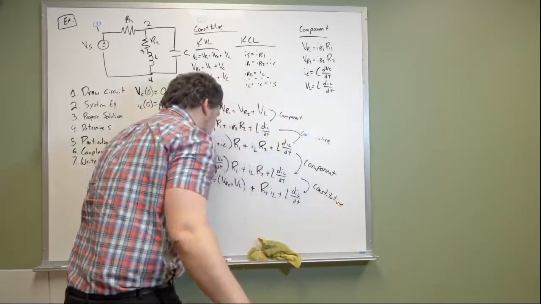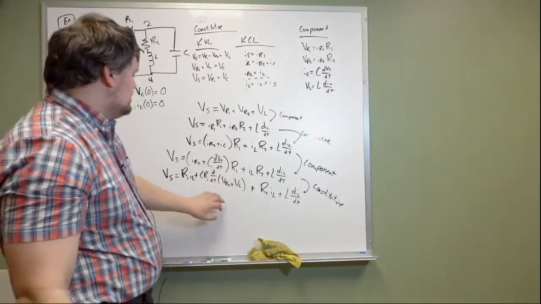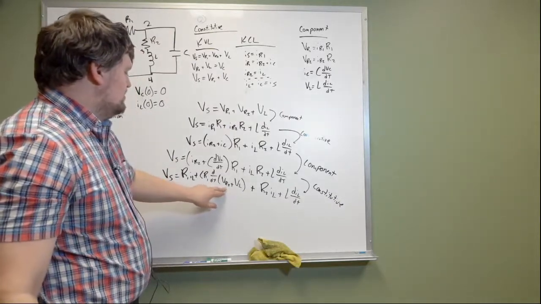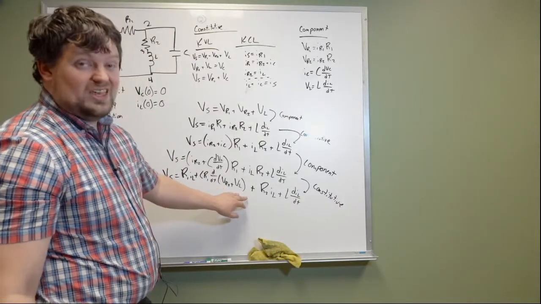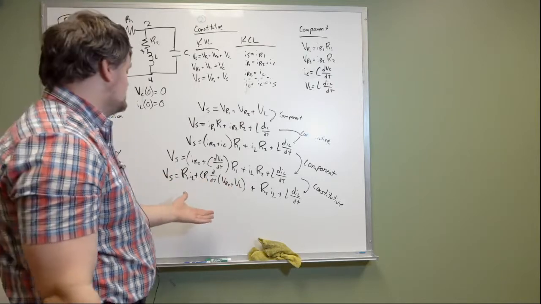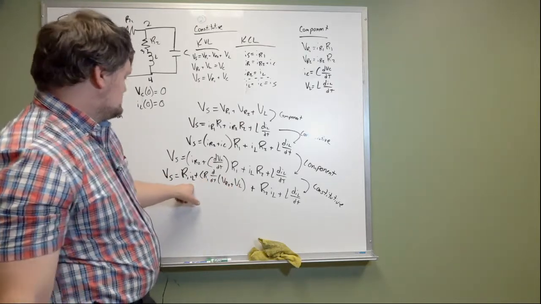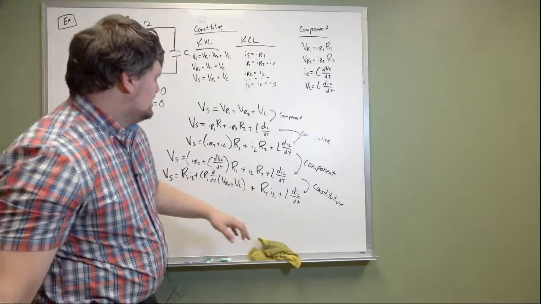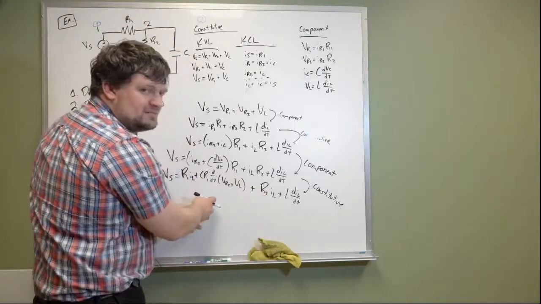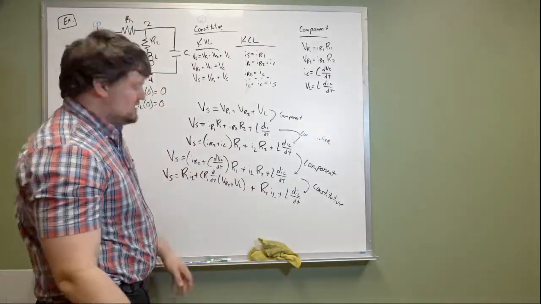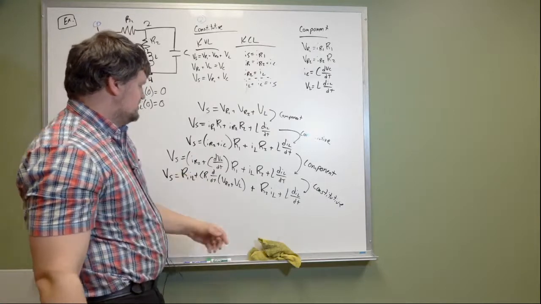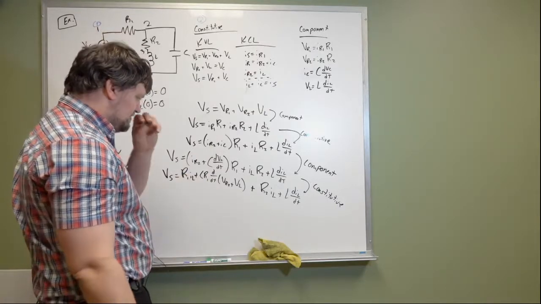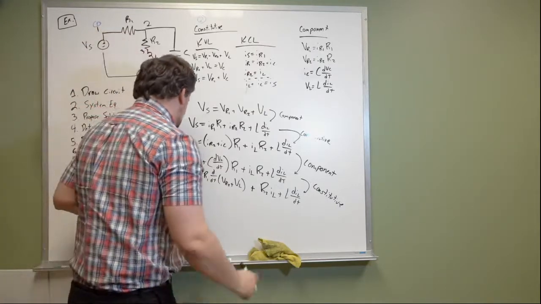Okay, now that we've done a constitutive equation, we do need to get rid of VR2 and we do need to get rid of VL now, because they're not in terms of currents. Here, this one is in terms of current, this one is in terms of current. I'm also going to take these two and combine them, because they both are an IL function, and quite frankly, that just pairs nicely.